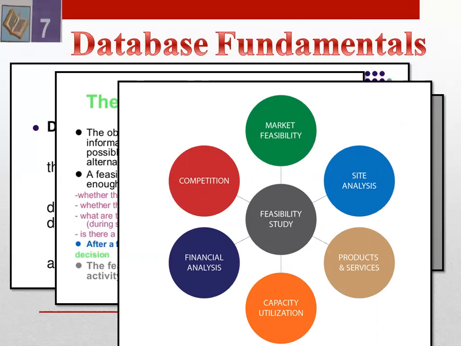Here on your screen, you can view some important purposes of the feasibility study. Here we have need analysis, cost benefit analysis, technical feasibility, site analysis, product services, capacity utilization, financial analysis, competition, and market feasibility. So this project is feasible for all these aspects.